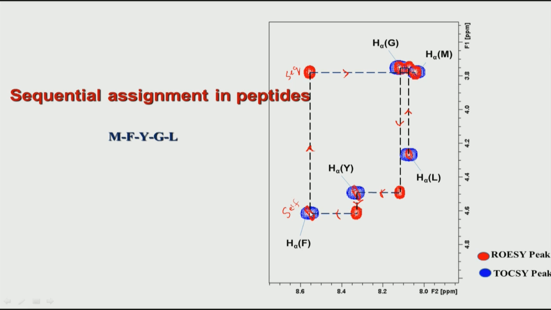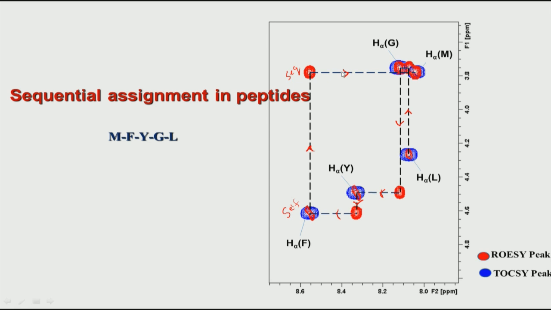Now, in ROESY, I go along the vertical line again, and I see there is one I minus 1, and that could be the sequential to phenylalanine, which is methionine. To find the amide of methionine, I go straight along this line, and I see a red peak here, and there is a TOCSY peak here.